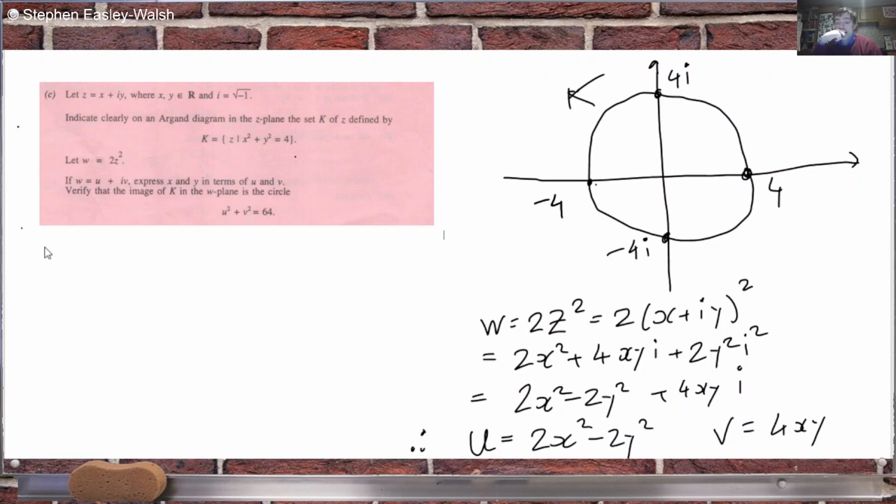I wonder how difficult it would be to rewrite this. Let's find out. x is v over 4y.